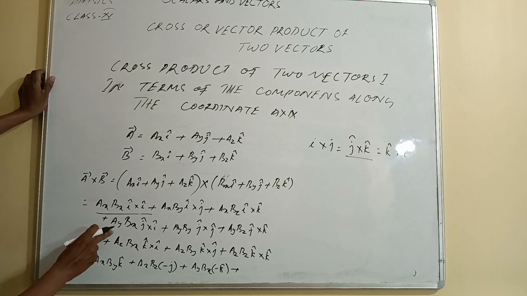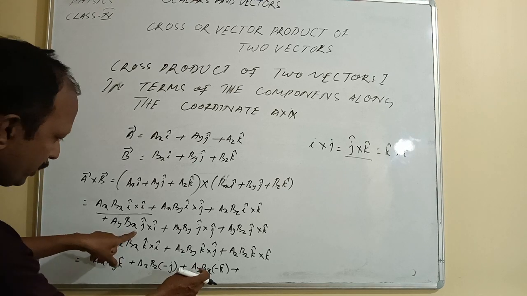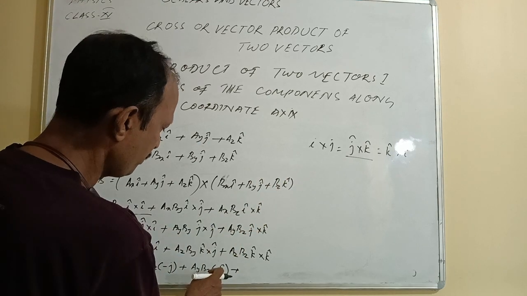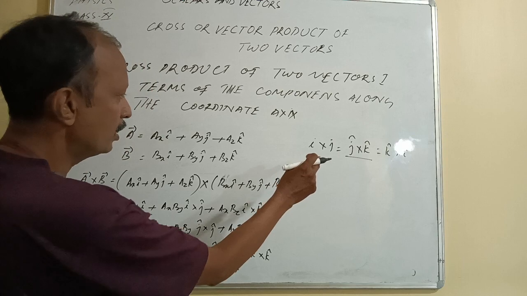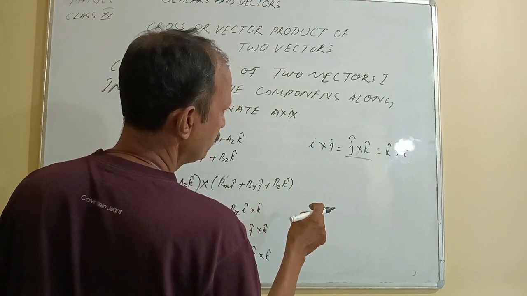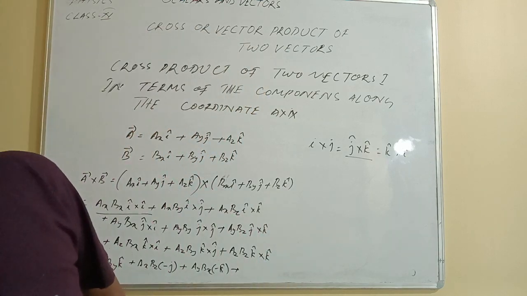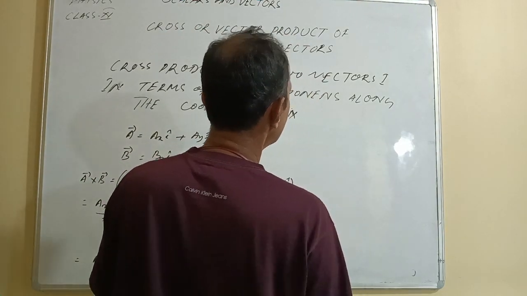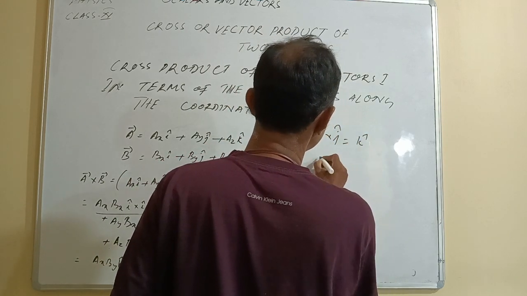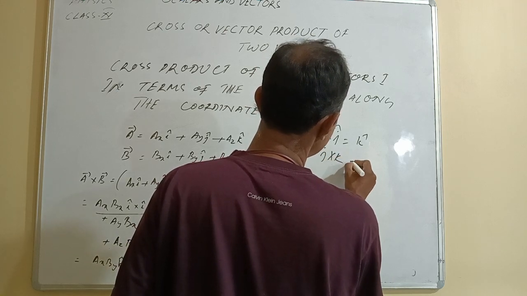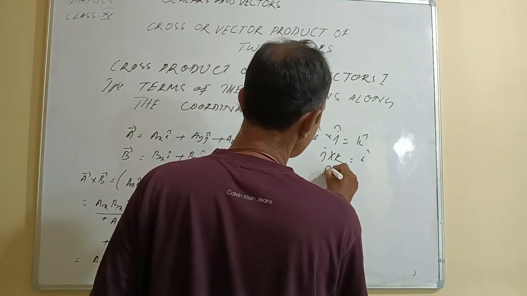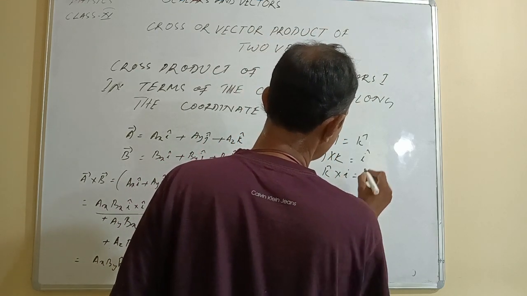Second case, AY BX, this is J cross I. In place of J cross I I am writing minus K, because I cross J is equal to K. So you see that I cross J is equal to K, J cross K is equal to I, K cross I is equal to J.